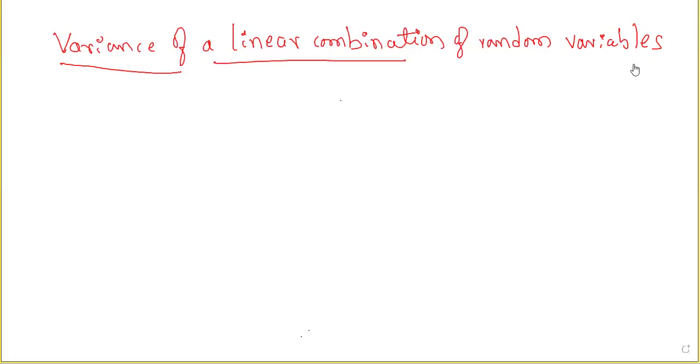Variance of a linear combination of a random variable. So here first we go for the statement of that theorem, then we go for the proof of that theorem, right?